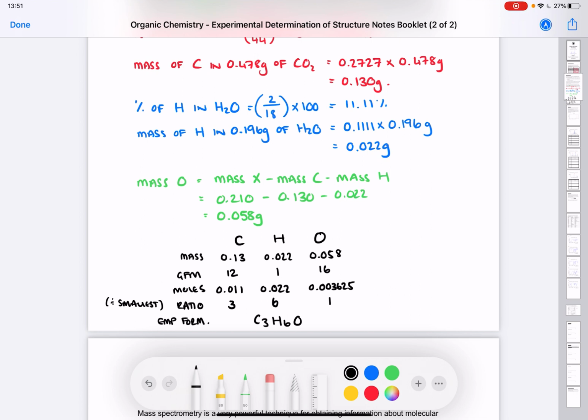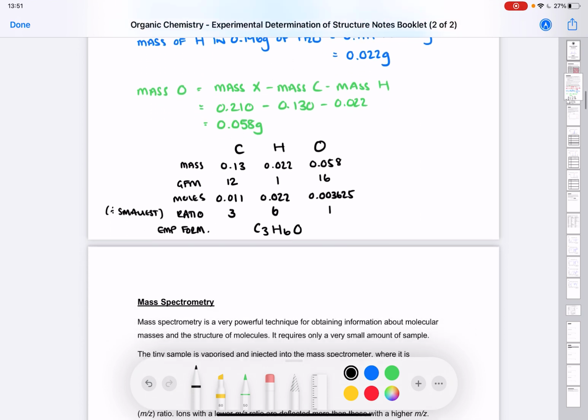So empirical formula only gets us so far. It's only telling us that the empirical formula is C3H6O. The substance in question actually could be any multiple of C3H6O. It could be C6H12O2 or any other multiple of that empirical formula. So that's the kind of limitation of your empirical formula.